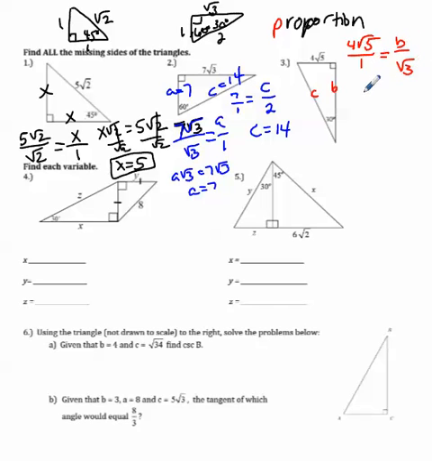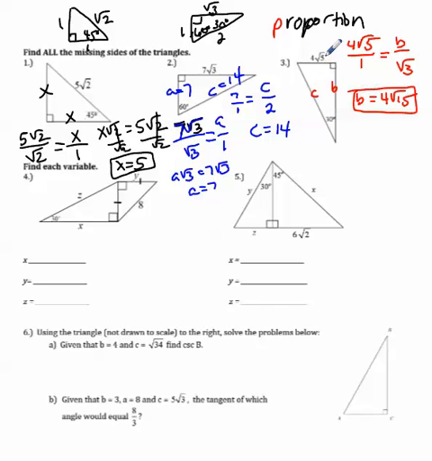So 1B is just B. When you multiply 4 root 5 times root 3, just multiply the radicals. The 4 is the coefficient, root 5 times root 3 is root 15. So B is 4 root 15.